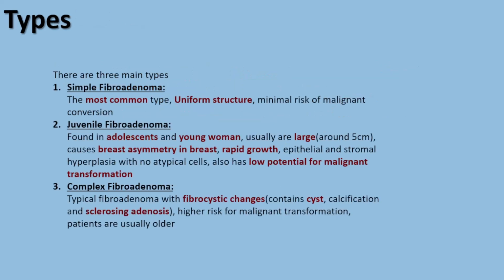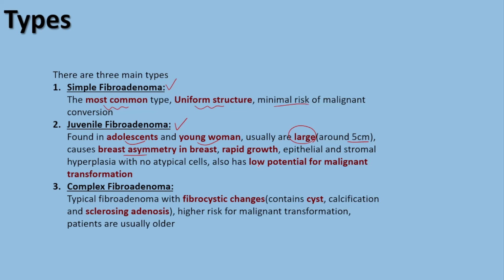So what are the types of fibroadenoma? There are three main types that you have to know for your board examination. There is a simple fibroadenoma, which is the most common type, and it has a uniform structure with minimal risk of malignant transformation. We have another type which is called juvenile fibroadenoma, which is happening more in adolescents and young women, and it is usually larger than the simple fibroadenoma, 5 centimeters or even more, which can cause breast asymmetry due to its size.